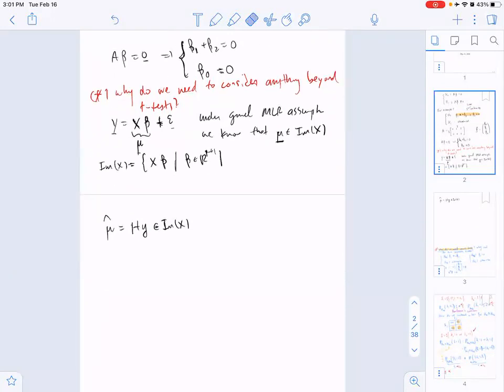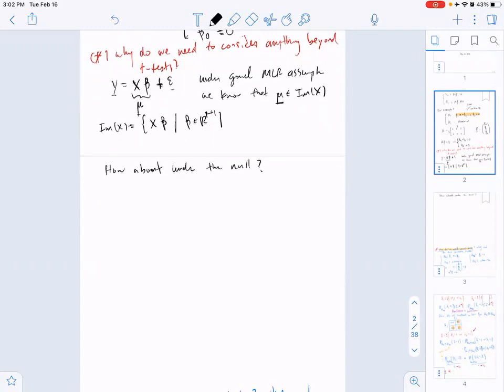So now, what do we know under the null? Under the null, I know that mu is equal to X beta.